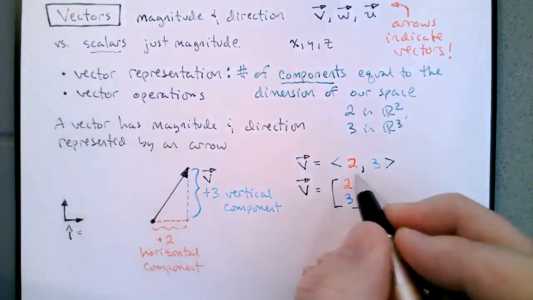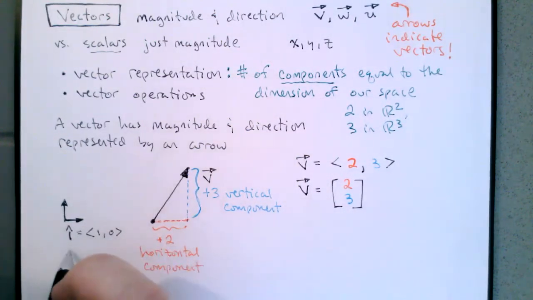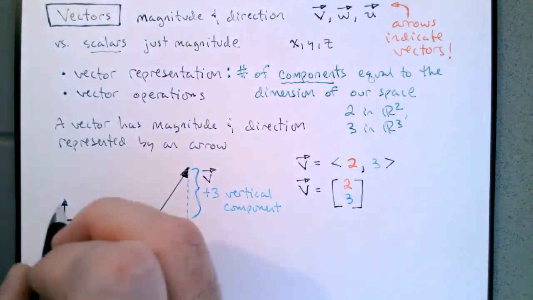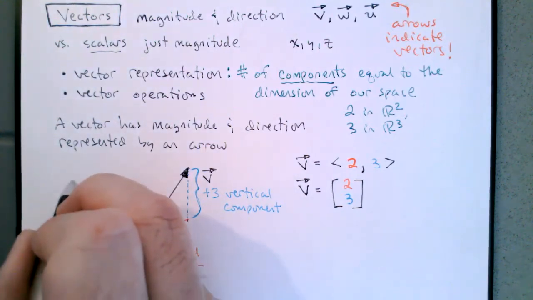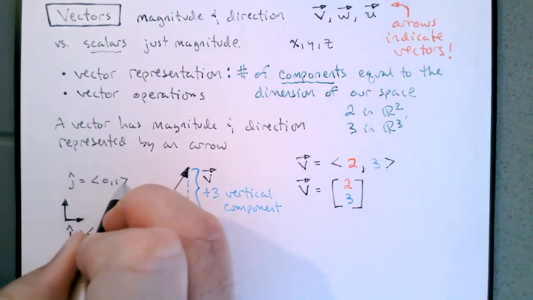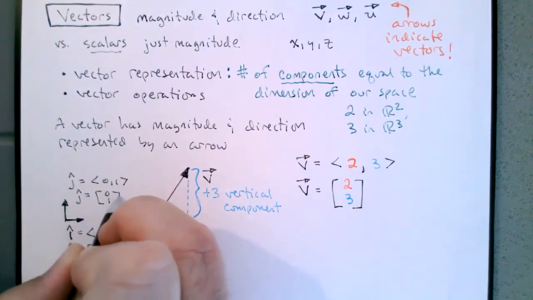And then we could describe this as (1, 0), or we could describe I hat in vertical fashion as 1, 0: 1 horizontal, 0 vertical. And then the vertical unit vector will be j hat. And so that will be (0, 1), or in a vertical fashion, 0, 1.